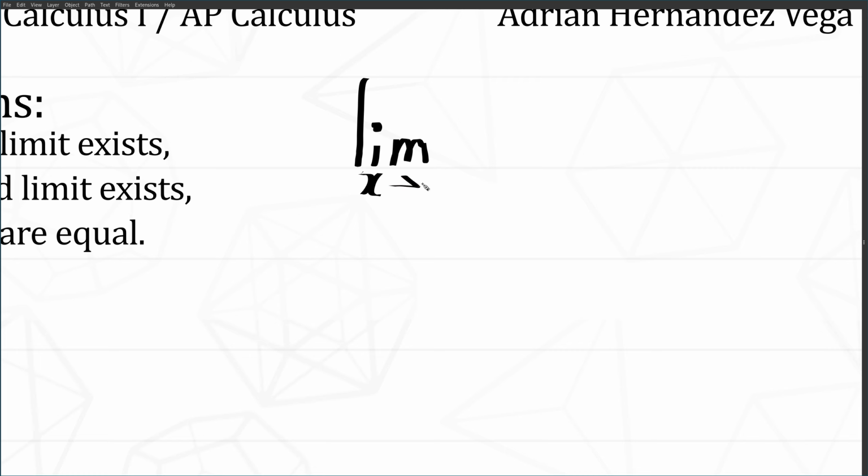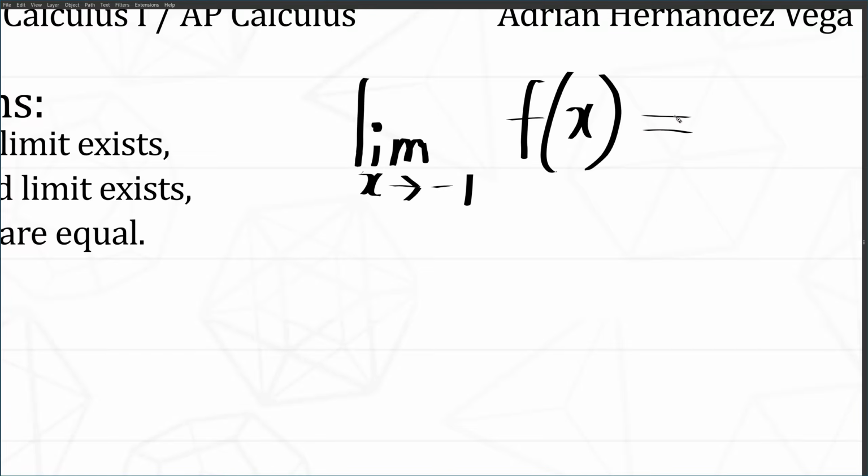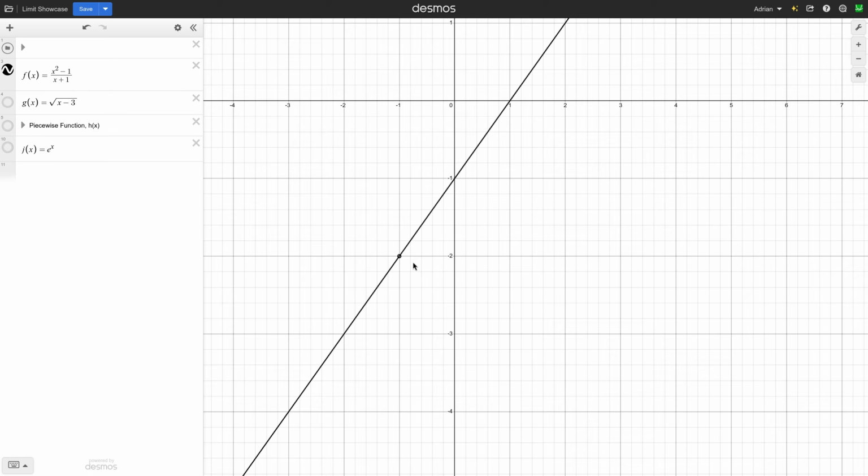So I'm going to write x approaches -1. And we write our function here, which is just f of x. You could write it out if you want to, I'm just going to write f of x. And here, it is equal to -2, since that's what we get from the right side and the left side.